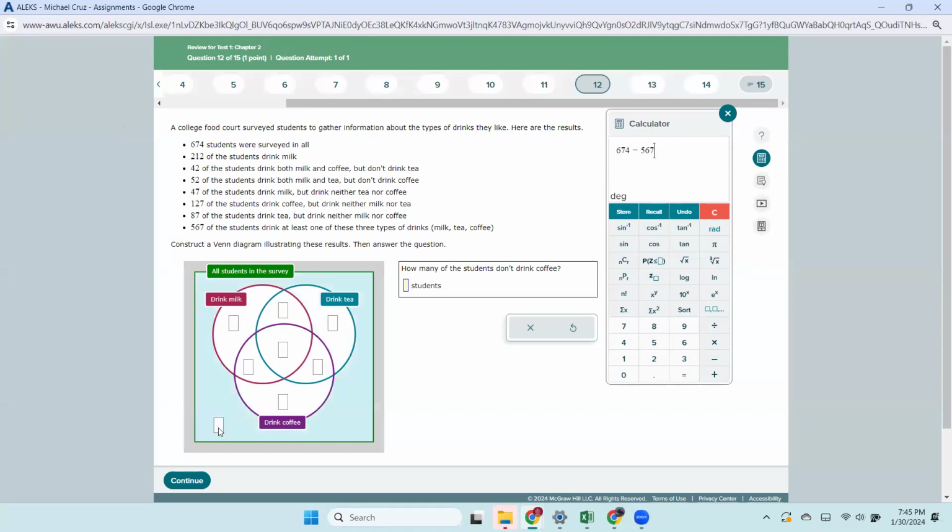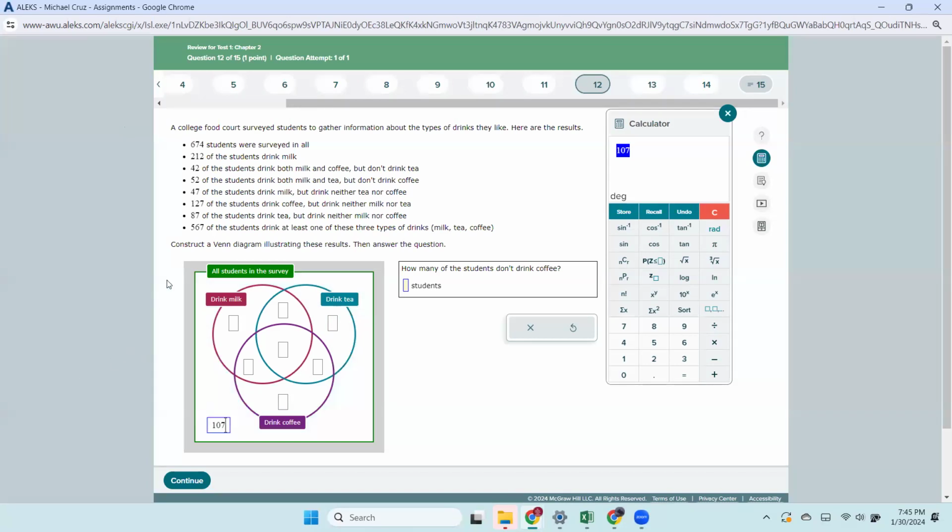The only one that's not at least 1 is what's out here. So if we take 674 minus 567, then that means that there's 107 that do not drink at least one of these. Maybe they drink boba or whatever. We don't know what they drink, but they don't drink milk, tea, or coffee.